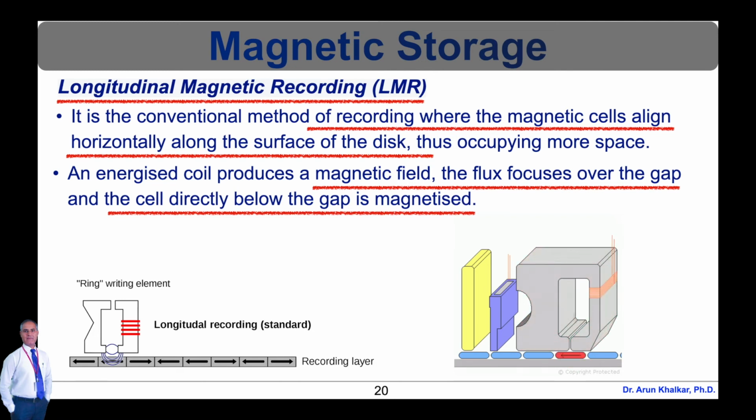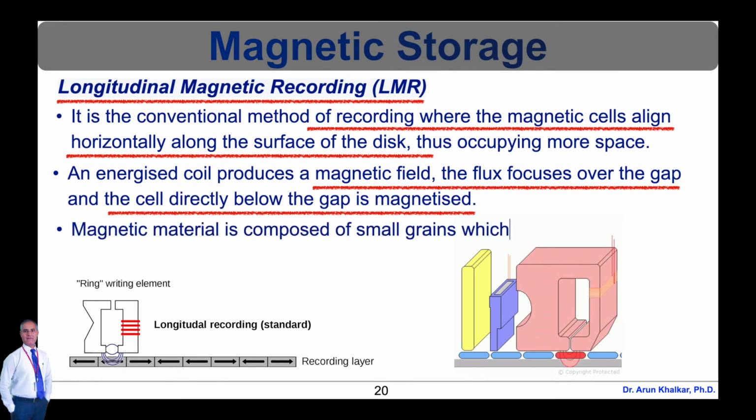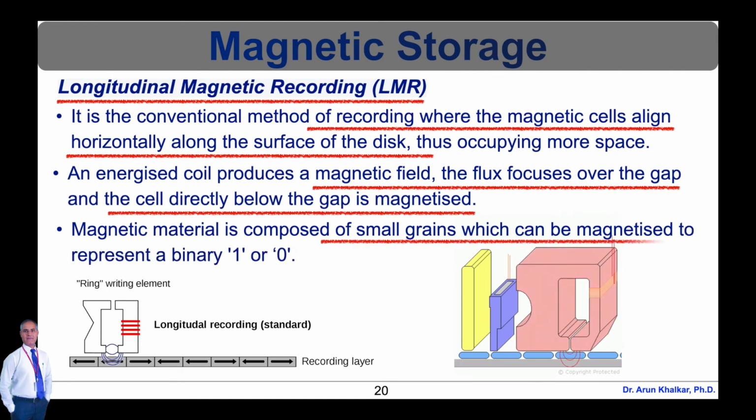Magnetic material is composed of small grains, each with a random shape and size. Due to this randomness, 100 grains are required to represent a cell, which can then be magnetized to represent a binary one or zero. The 100 grains limit is a theoretical limit, and any magnetization involving a lesser number of grains would be unstable.